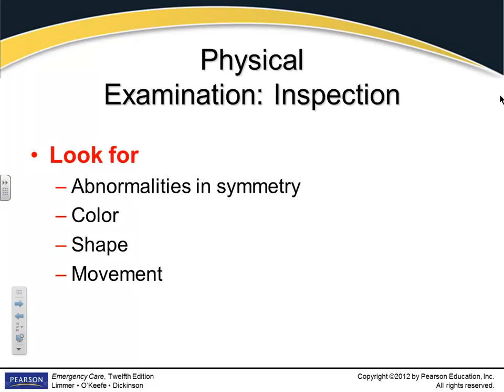Okay, when you're doing your physical exam, when I mentioned inspection, that's going to be looking. So say you have a patient with a chest injury. What would you be looking for? Well, symmetry, yeah, equal rise and fall. If they've got a stab wound over here somewhere, then you may not see that side of the chest move.